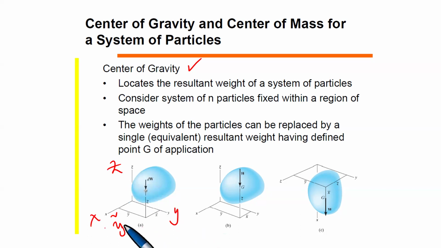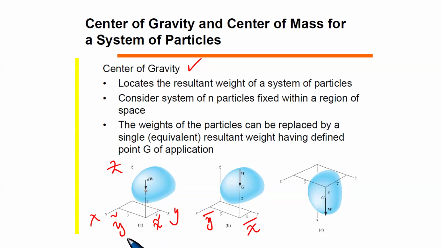So parallel to the x-axis is x tilde. Now this one is y bar, and this is x bar. So y bar and x bar are different from x tilde and y tilde.